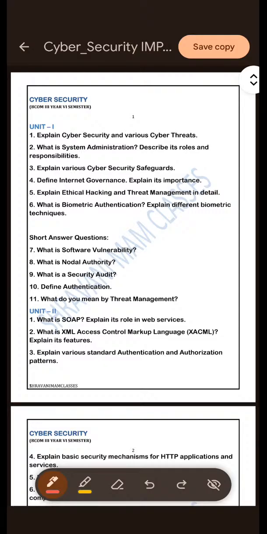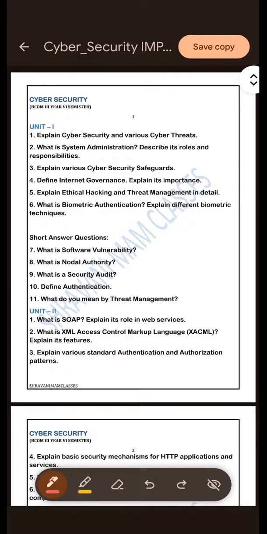And then next, what are cyber threats? What do cyber threats mean? Those are harmful activities like hacking, malware, phishing. So these are some cyber threats, right? These are going to damage the systems or steal some information. So you have to explain these cyber threats in detail. This is for 8 marks questions, right?